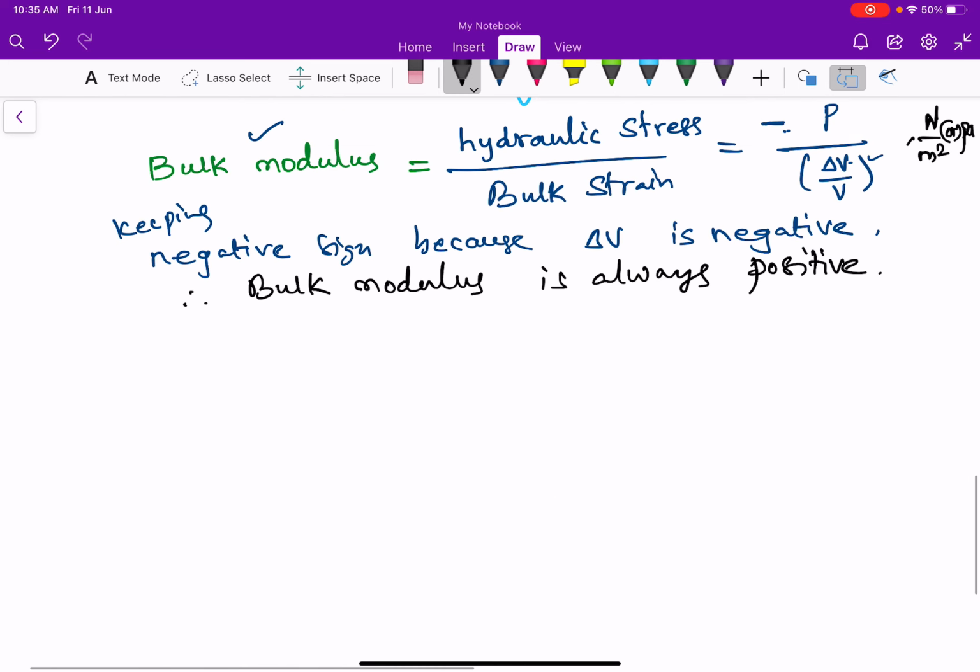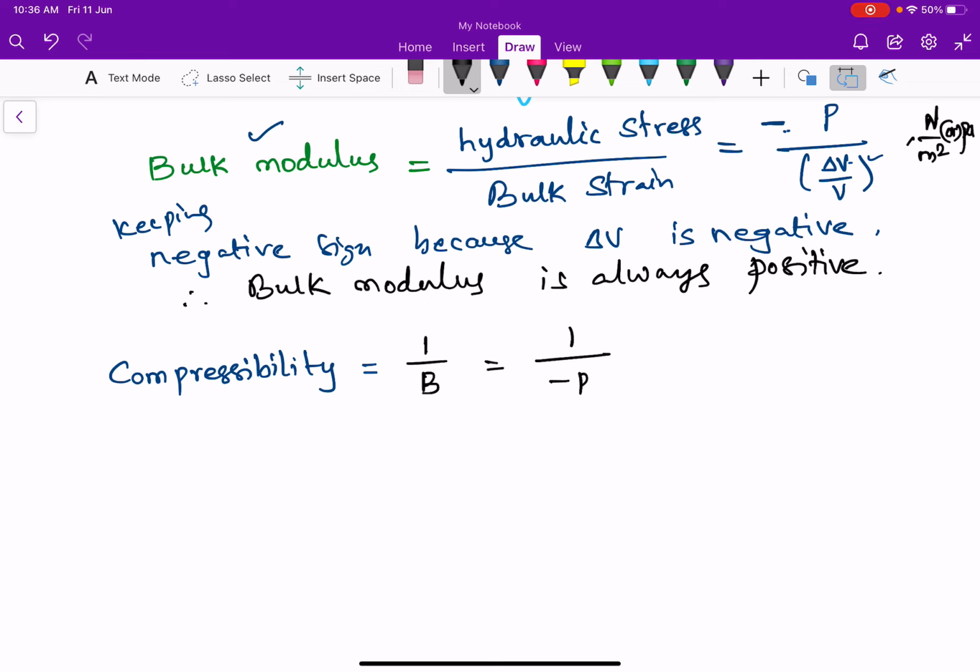Now we are going to define another term, compressibility. Reciprocal of bulk modulus is called compressibility. That is 1 divided by minus P divided by delta V by V. So compressibility K is equal to the reciprocal of bulk modulus, which is equal to minus delta V by V divided by P. This is the answer, right?